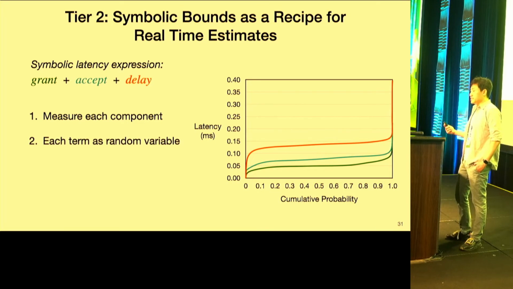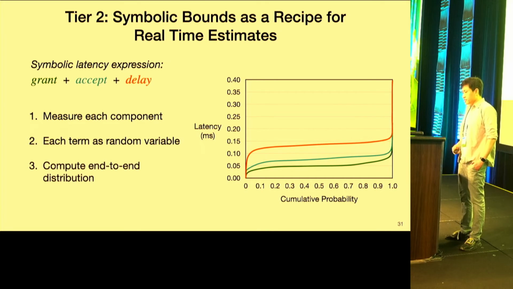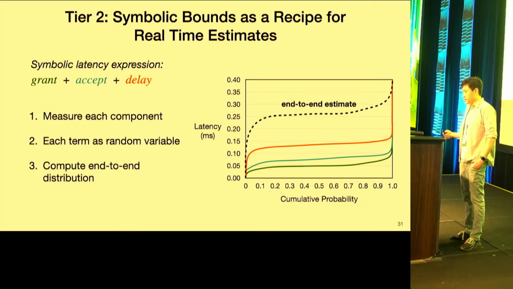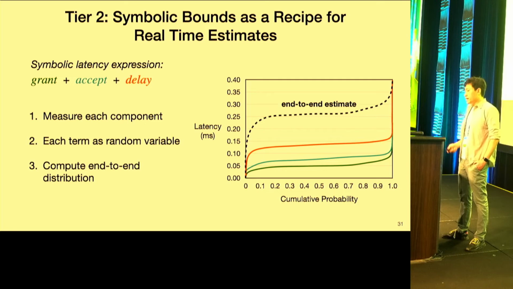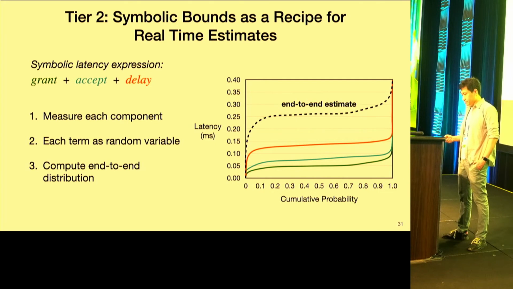Then, we treat each term as independent random variables. And finally, we can compose these component distributions into an end-to-end estimate according to our expression. This is done using standard rules of probability, and in this case, we get an upper bound on how long these three components take to execute in sequence.